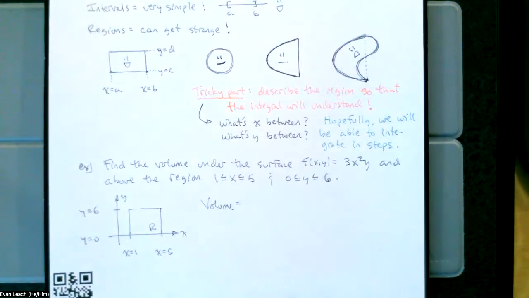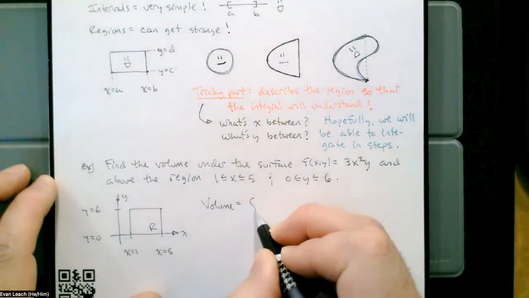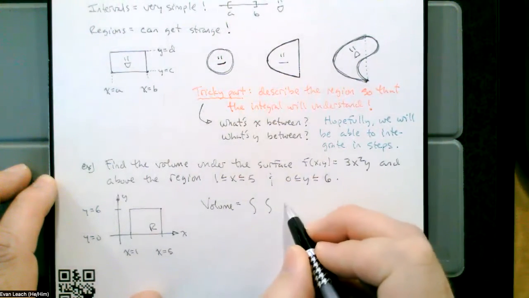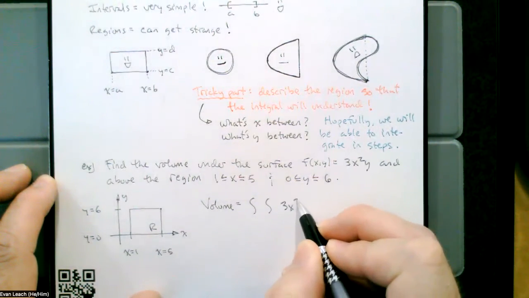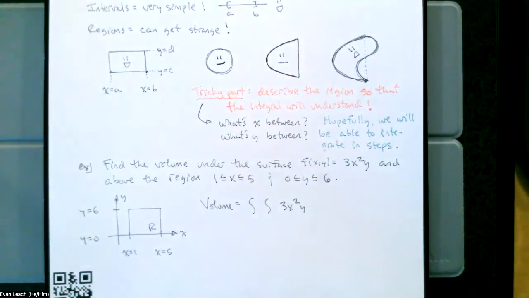So here's what I'm going to do. I'm going to split my integral into a double integral. So I'm going to write 2 integral symbols. Leave space. I'm going to write the function that I'm integrating. And I'm going to break my dA up into a dx times dy.